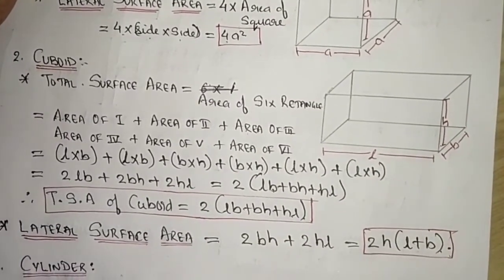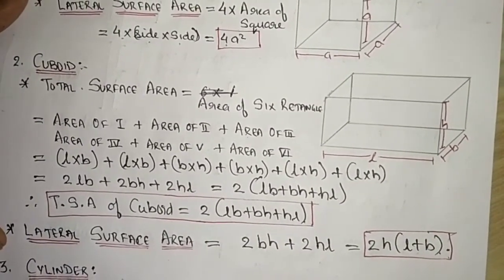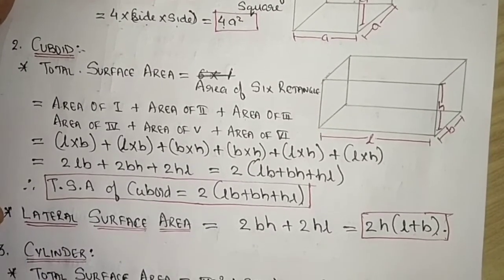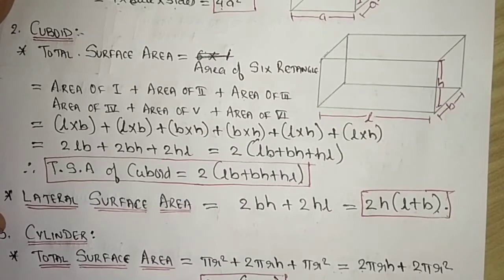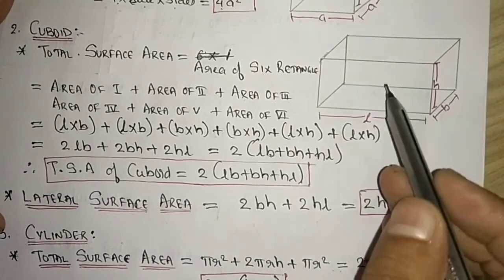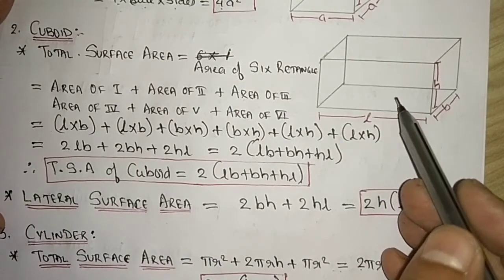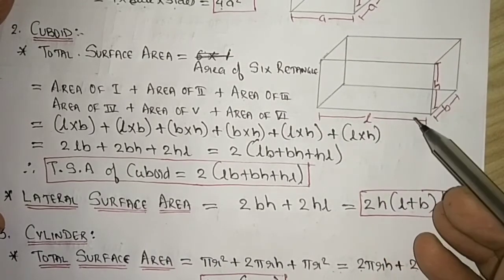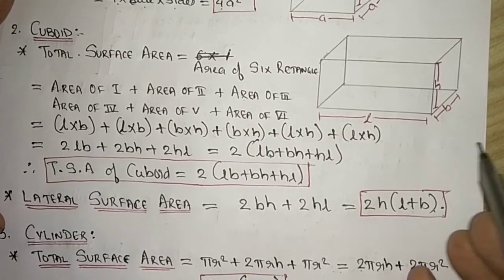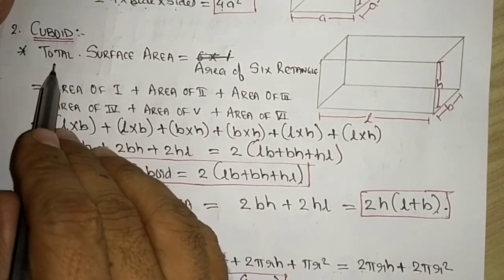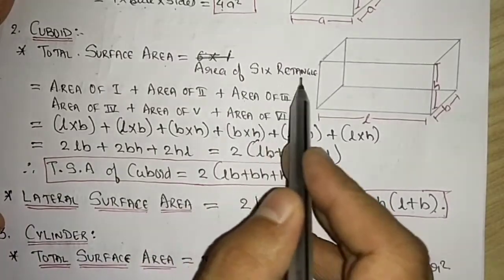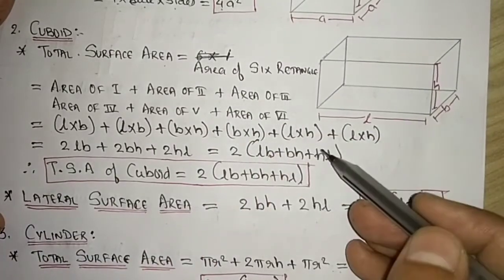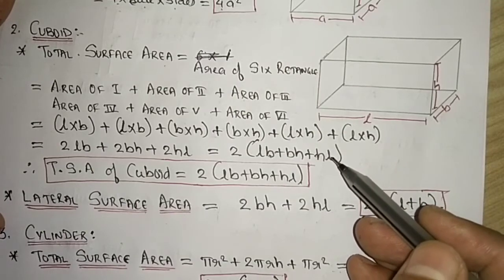Moving to cuboid. Students, cuboids are made up of 6 different rectangles. It also has 6 surfaces like a cube, but all the surfaces are rectangles, and each rectangle has a different length and breadth. So for finding total surface area, I have to find the area of 6 rectangles. Let us see where those 6 rectangles are.